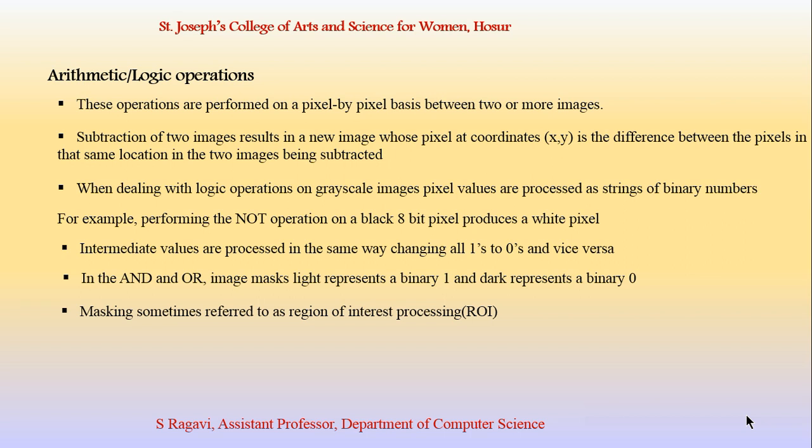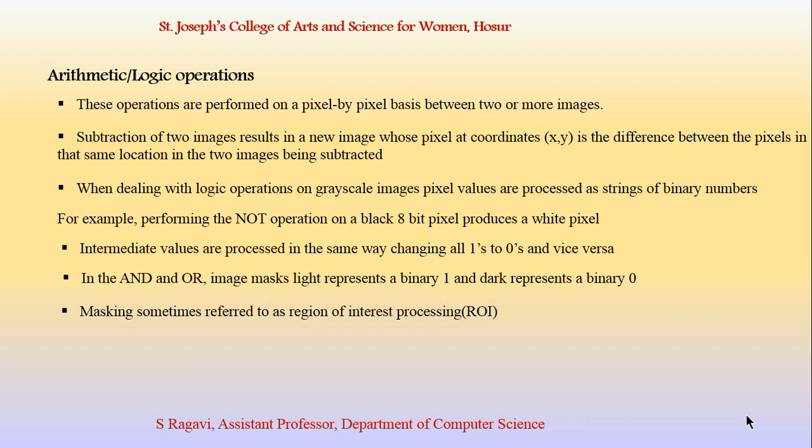A subtraction of two images results in a new image whose pixel coordinates are the difference between the pixels in the same location in the two images being subtracted. When dealing with logic operations on grayscale images, pixel values are processed as a string of binary numbers.